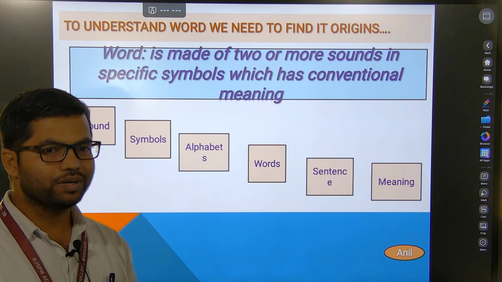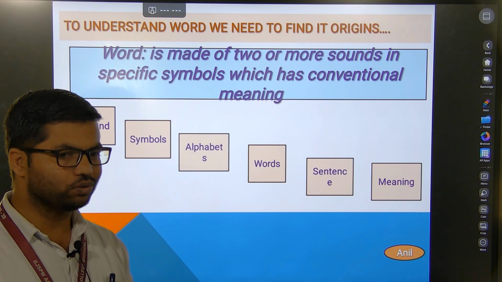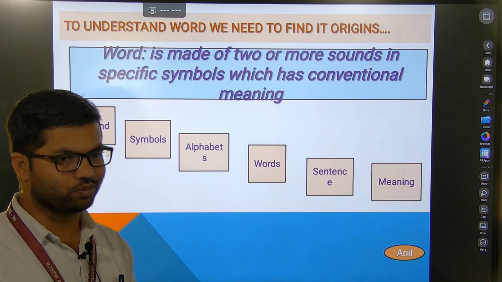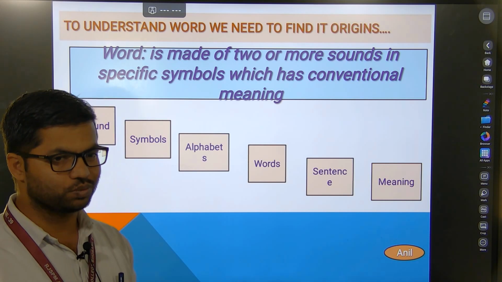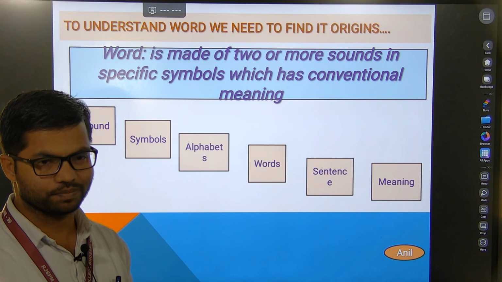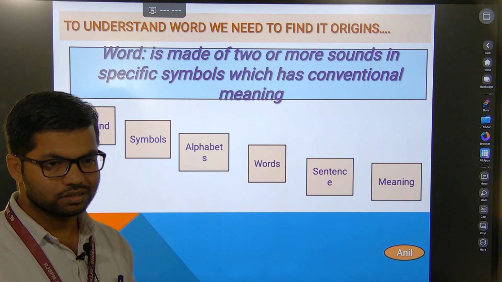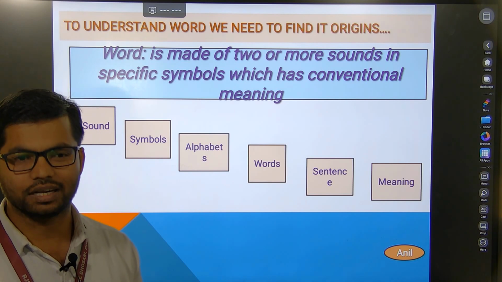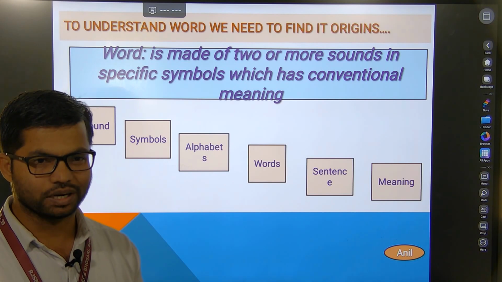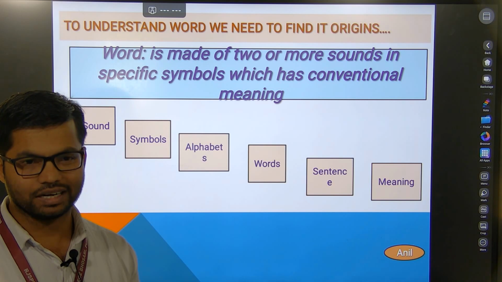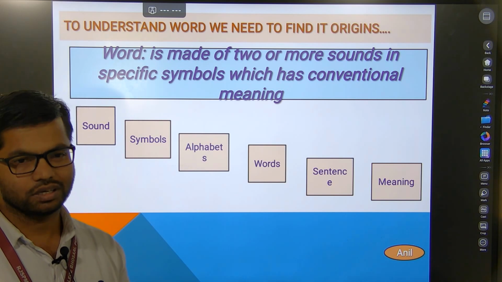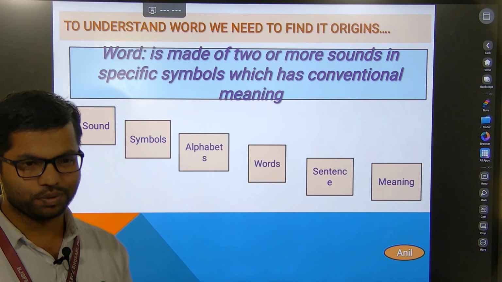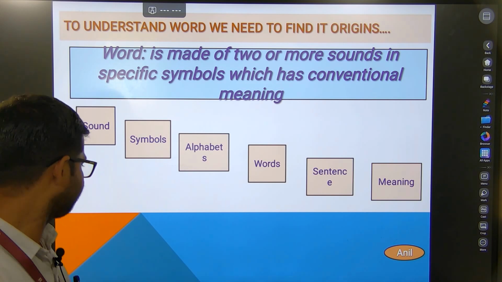So, when we consider language, we have to understand that language is developed from sounds, and when these sounds are brought together, they become words, and words are very essential if you want to speak, write and even understand the language. So, considering that aspect, we are going to understand how words could be developed, especially in English language learning.